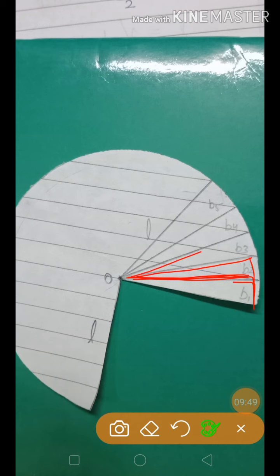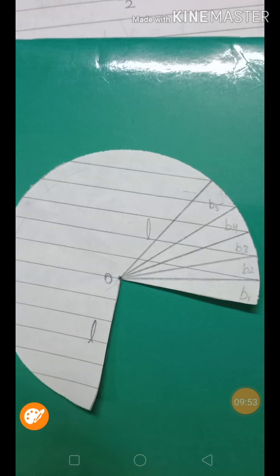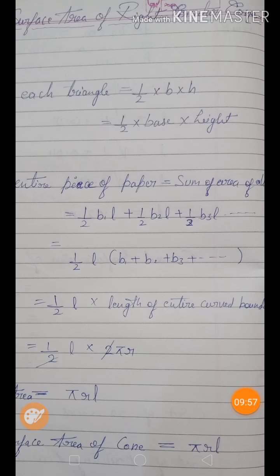For the third triangle, height is again L and base is B3, and so on. The same thing we are writing here: 1/2 B1 into L, 1/2 B2 into L, 1/2 B3 into L, and so on.